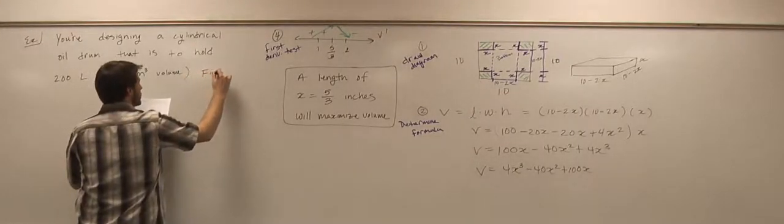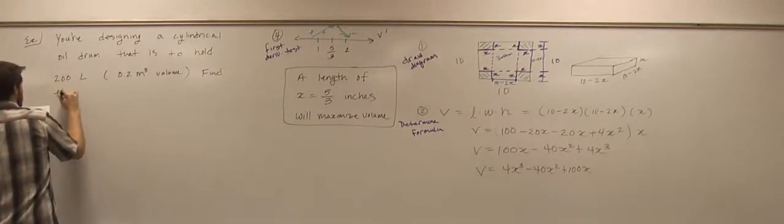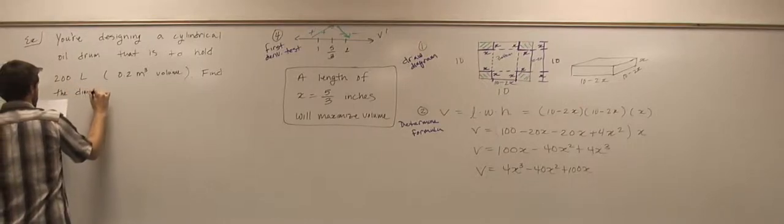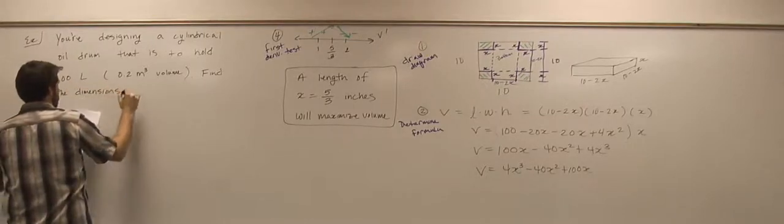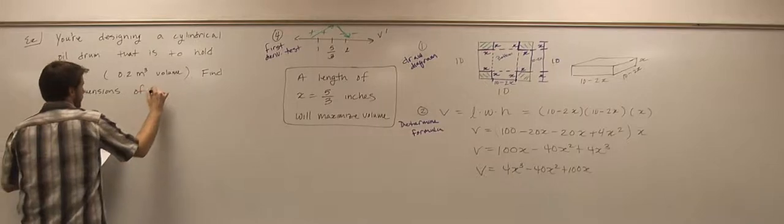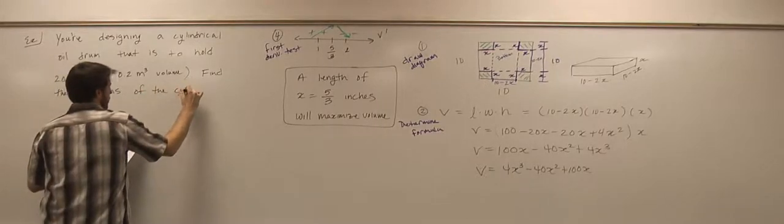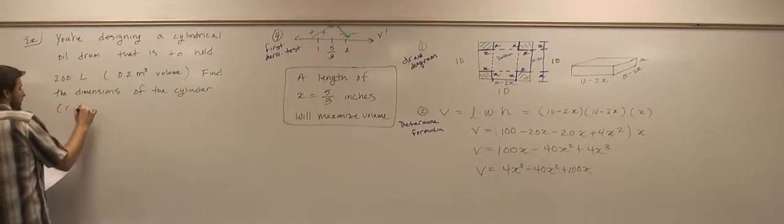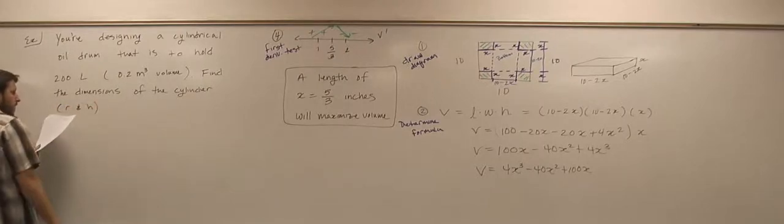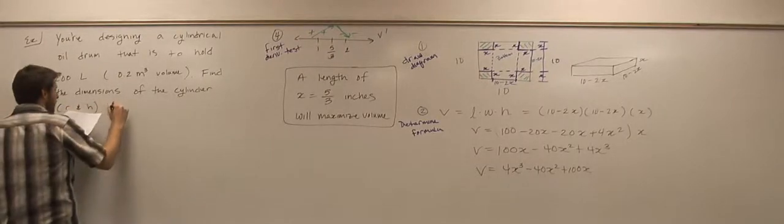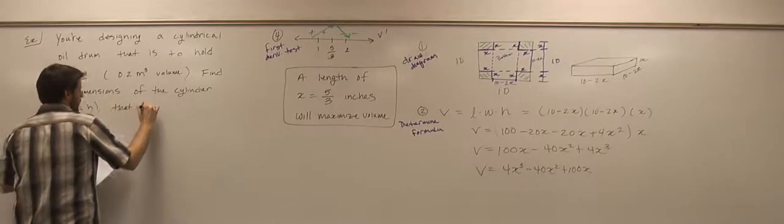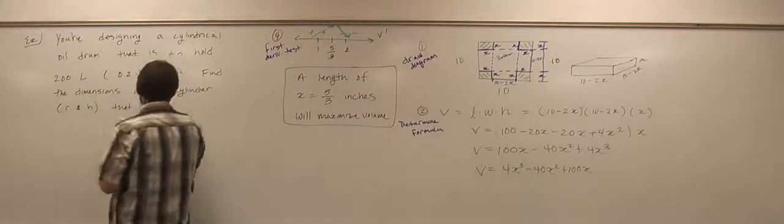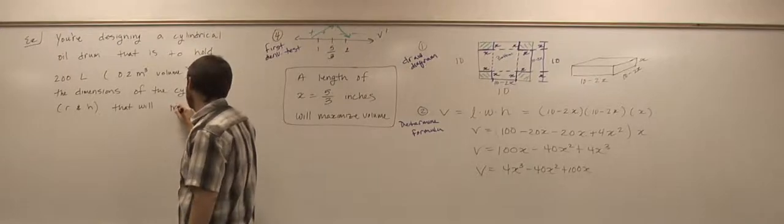Find the dimensions of the cylinder, so R and H, the radius and the height, that will minimize the amount of material used to construct the drum.